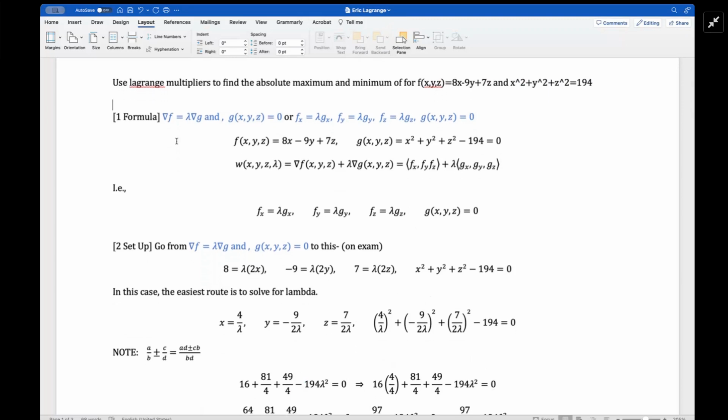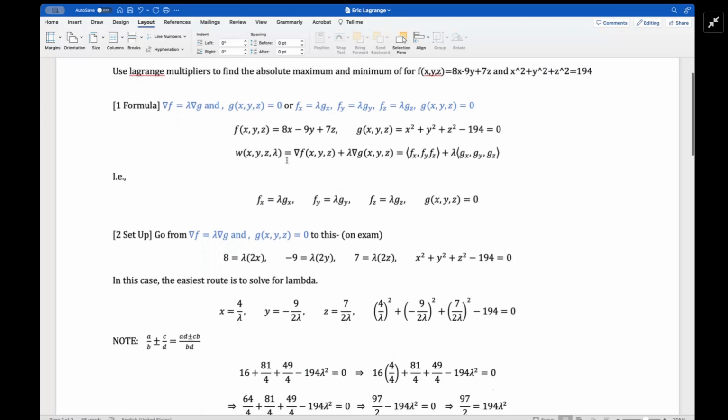Well, we use this formula. It's really quite simple. All you have to do is take this part here and take the partial derivatives of it with respect to x, y, and z. Same with this piece here with respect to x, y, and z.